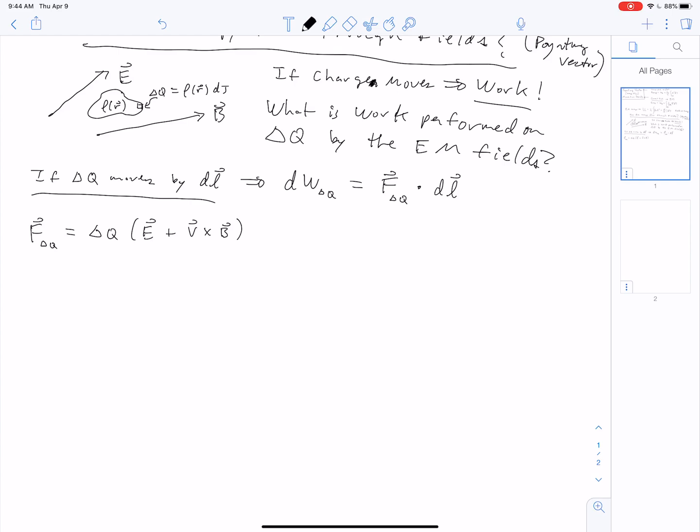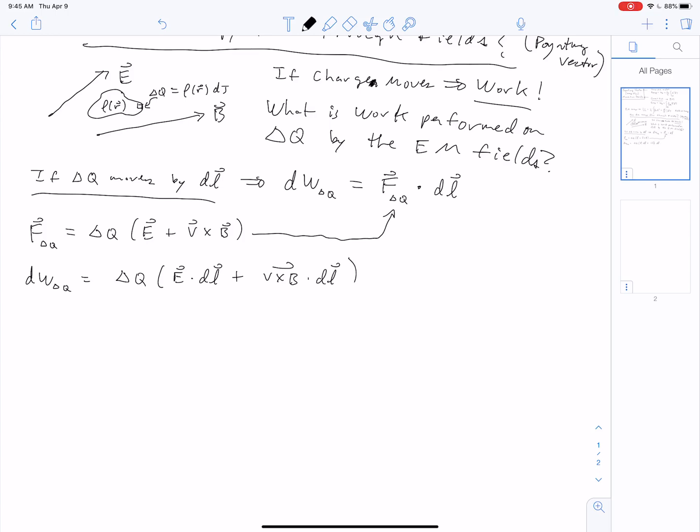And so let's just plug it in here, and then we see that the work done on that little bit of charge is going to be delta Q times, now let's plug that in, and I'm going to get two pieces. I'm going to get E dot dl plus V cross B dot dl.